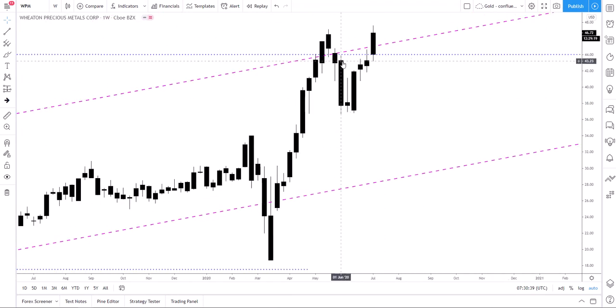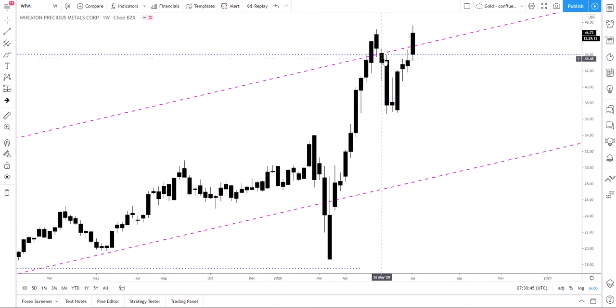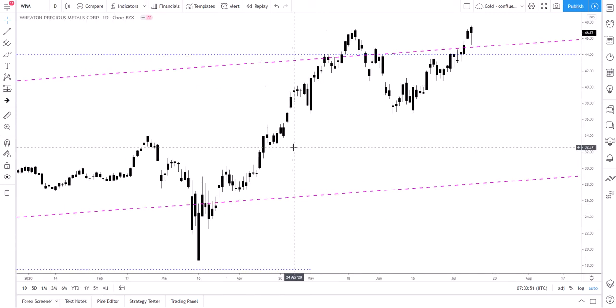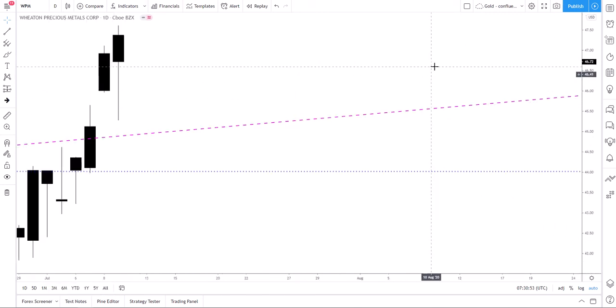Just notice that price is interacting with, there's a couple of different things going on here as far as price support and resistance levels. Now let's drop down to our daily.